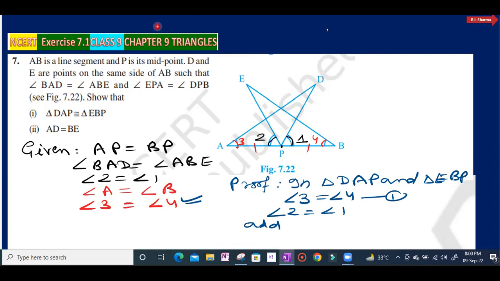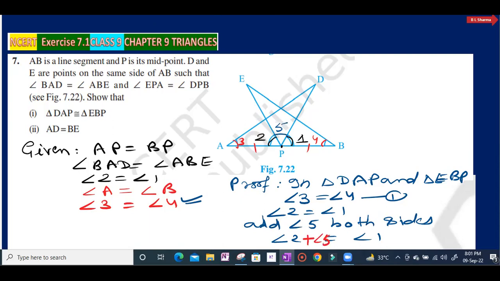Now I'm writing one more angle here. This angle is angle number 5. Adding angle number 5 दोनों तरफ ऐड कर दें. So angle number 2 is equal to angle number 1.